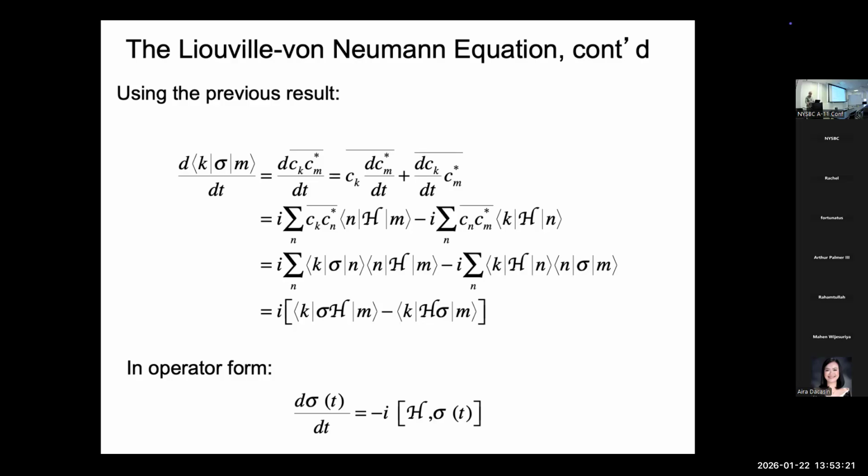So if you don't like the derivation that we did to get to this point, you could just say, written on a stone tablet somewhere is the Liouville von Neumann equation. And that's our start in analyzing the quantum mechanics of a thermal ensemble, an ensemble that has to satisfy the Boltzmann distribution.